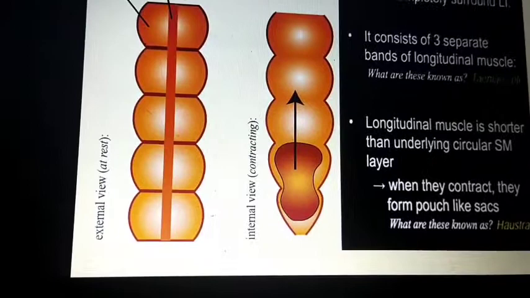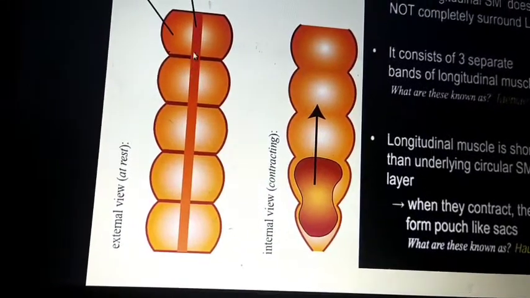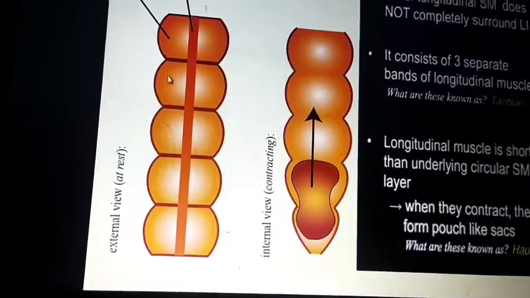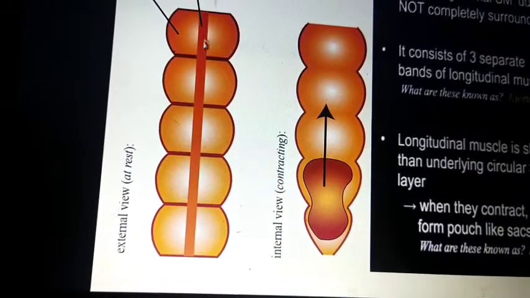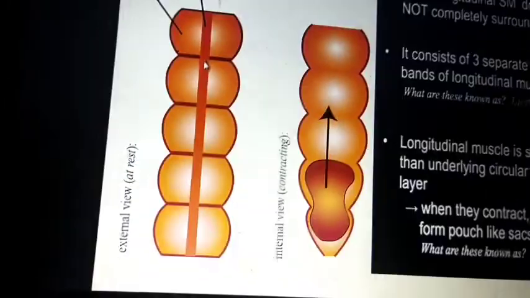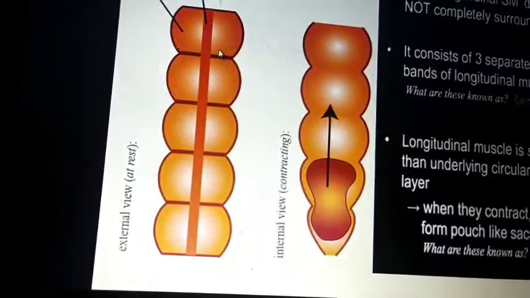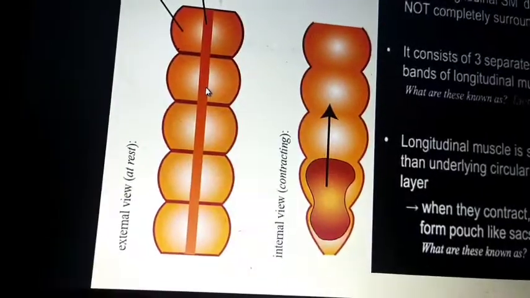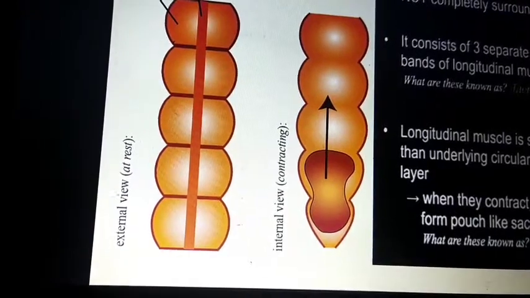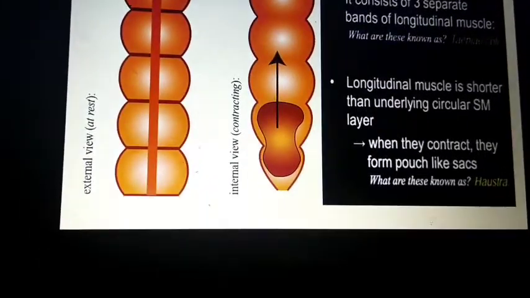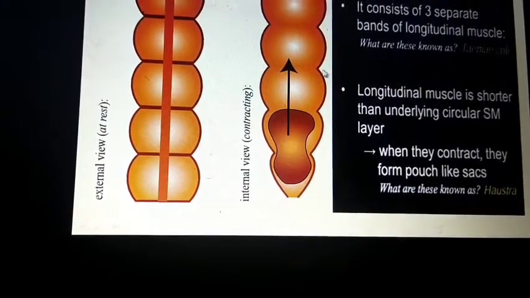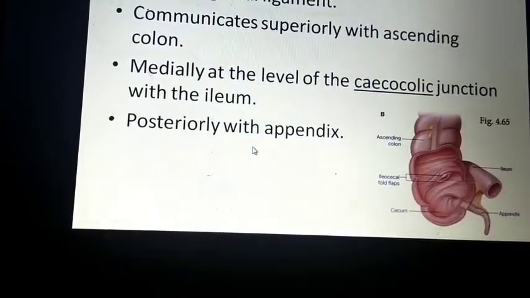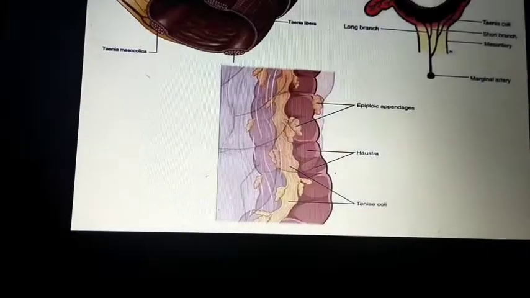You can see here, this is a tinea coli, and this is a sacculation. If this length is less, then these form pouches. They are contracted toward each other, and because of that there is formation of a sacculation. This is sac-like. I will show one mini video.